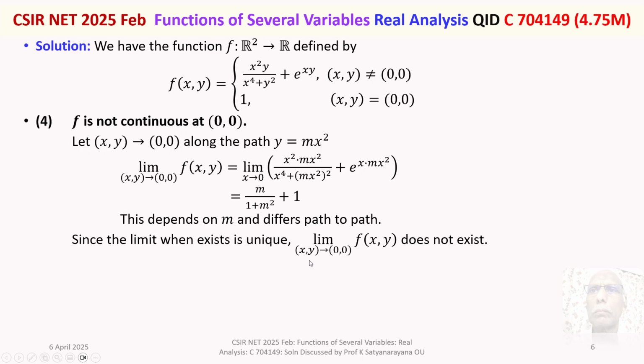Therefore, limit x comma y tends to 0 comma 0 of f of x comma y does not exist. Therefore, f of x y is not continuous at the origin, that is 0 comma 0. And option 4 is precisely the same thing given. Therefore, option 4 is true. We continue in the next slide.